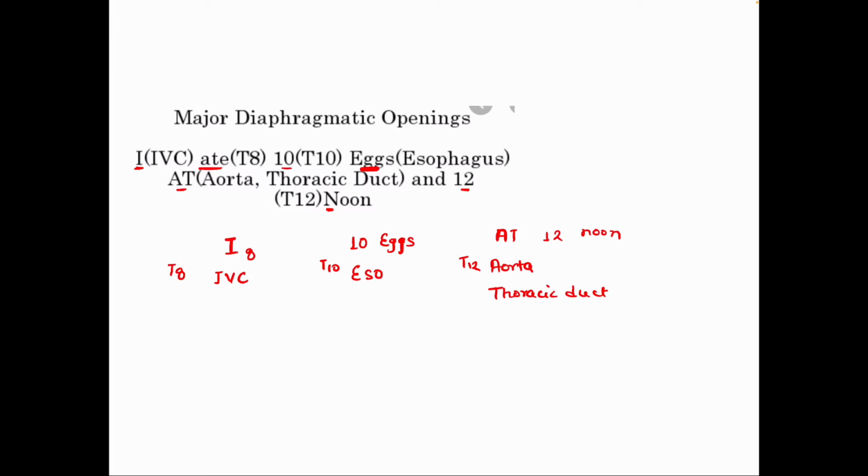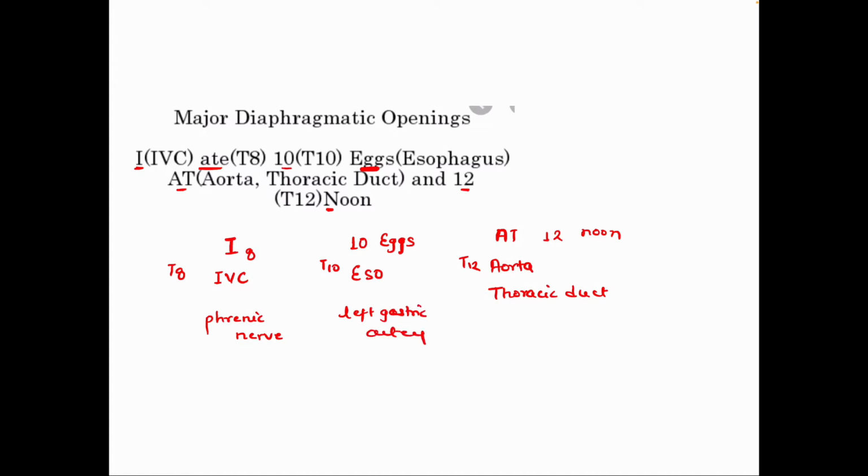Remember friends, the IVC opening also gives way to another structure, which is the phrenic nerve. The phrenic nerve also passes through the caval hiatus. The esophageal hiatus also gives way to the left gastric artery.